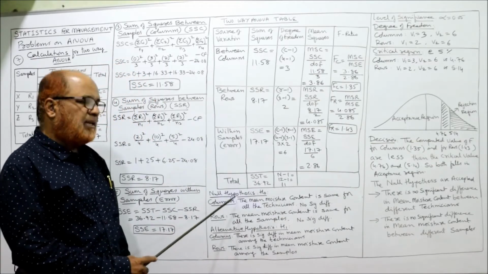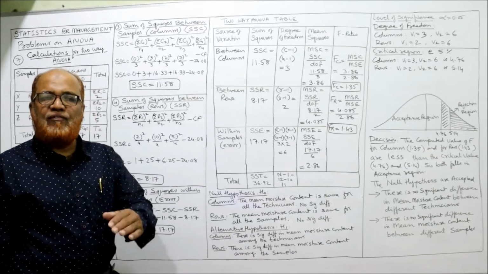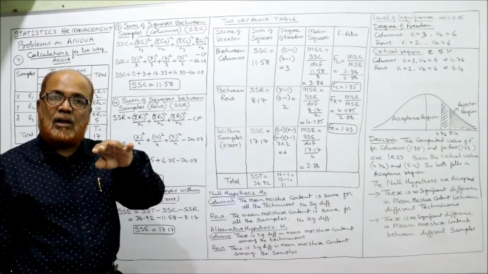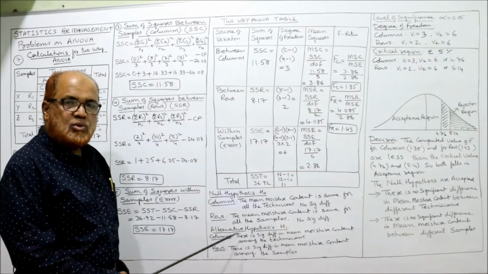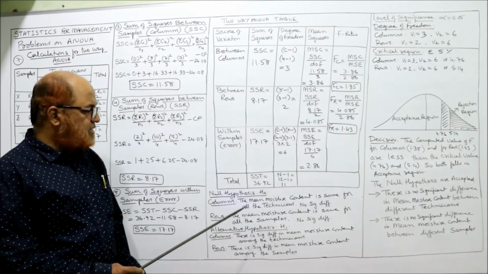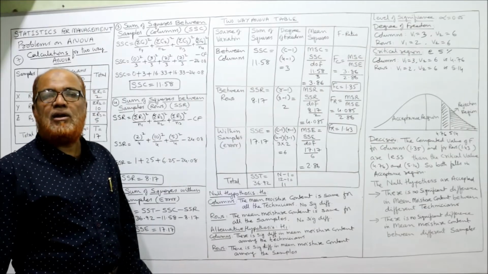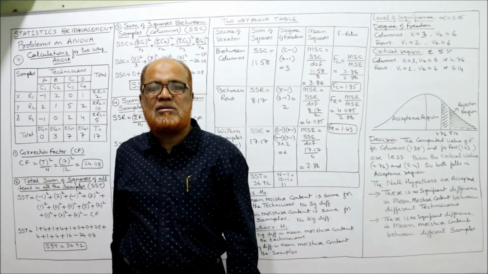The first step is the null hypothesis. We will frame the null hypothesis for columns and also for rows, so two null hypotheses and two alternative hypotheses. First null hypothesis, columns. In columns we have technicians.